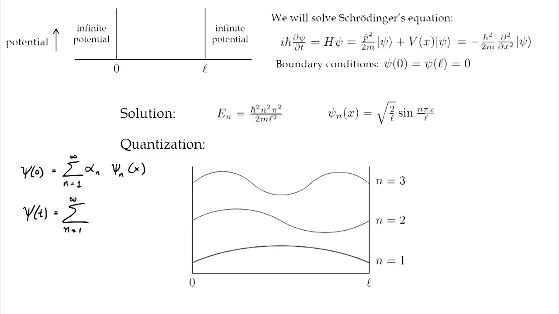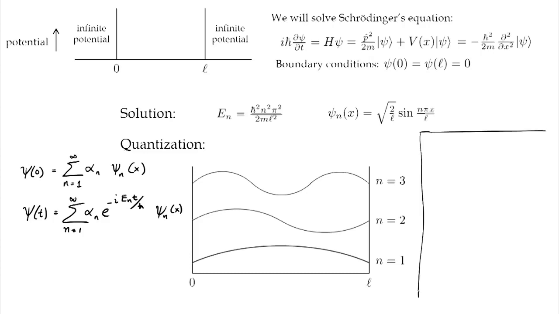So psi of t is just the sum of alpha n e to the minus i E sub n t over h bar, psi sub n of x.